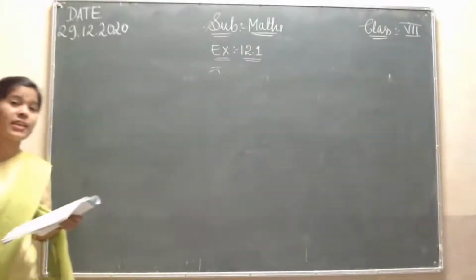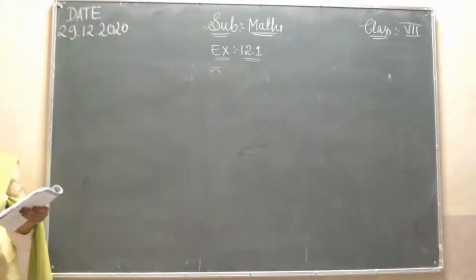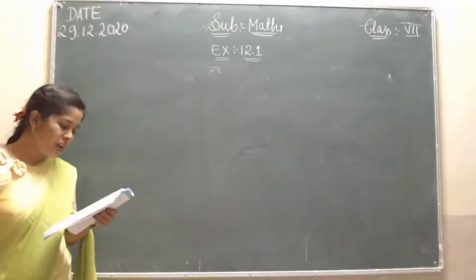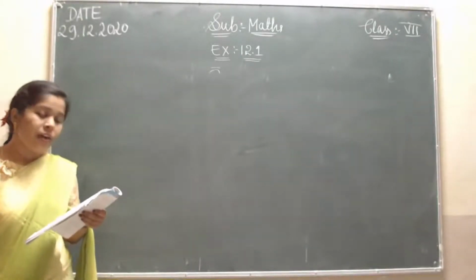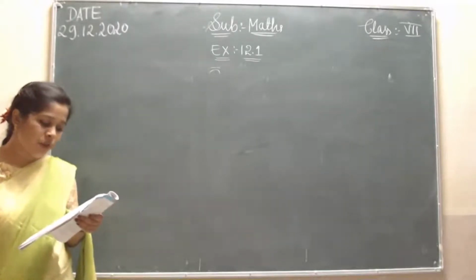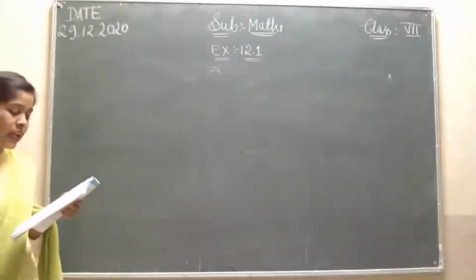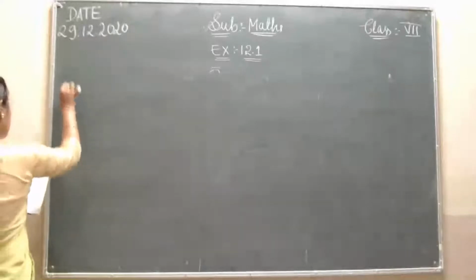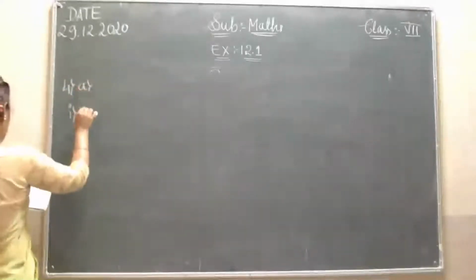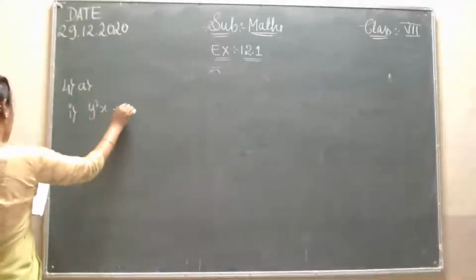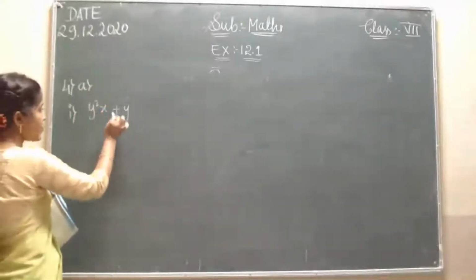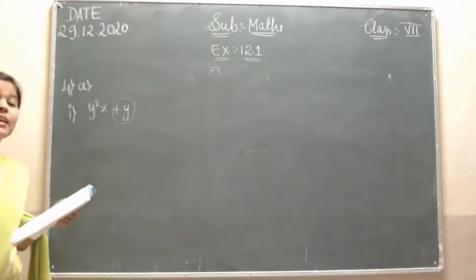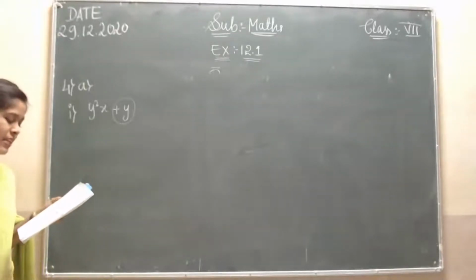Identify terms which contain x and give the coefficient of x. So here, first one: xy square, x plus y. We have to identify only the terms that contain x and give the coefficient of x. In this, we don't want this y, because the question clearly says which contain x.